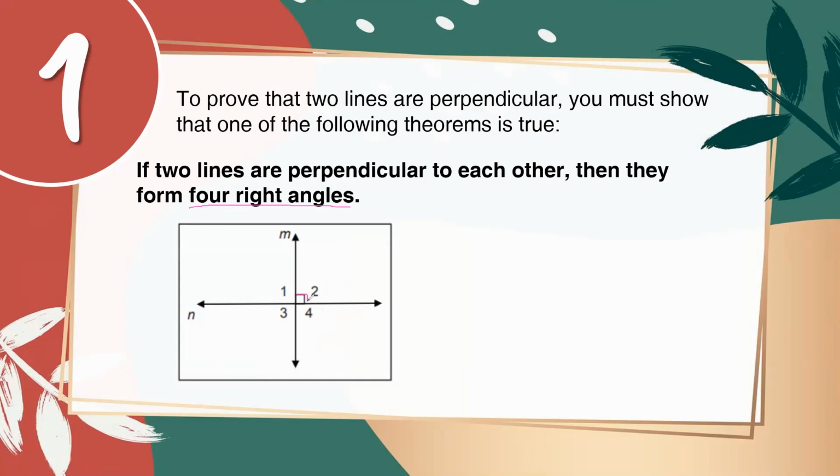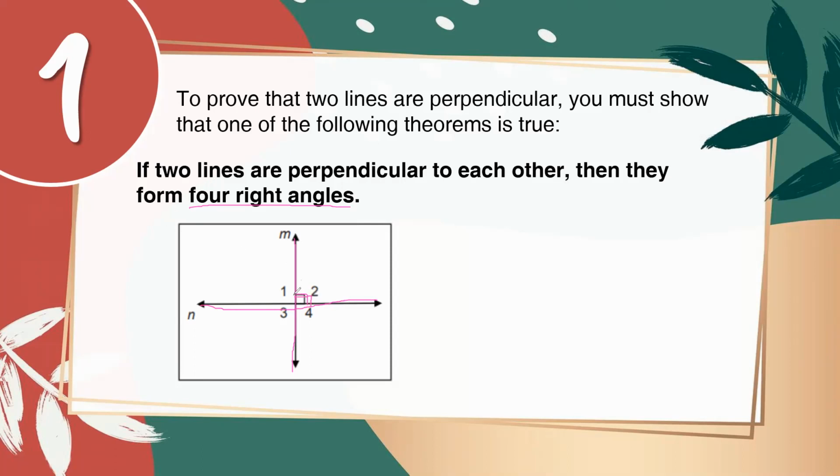This is the two lines, the line M and the line N. They intersect with each other. They are perpendicular to each other. They form four right angles.